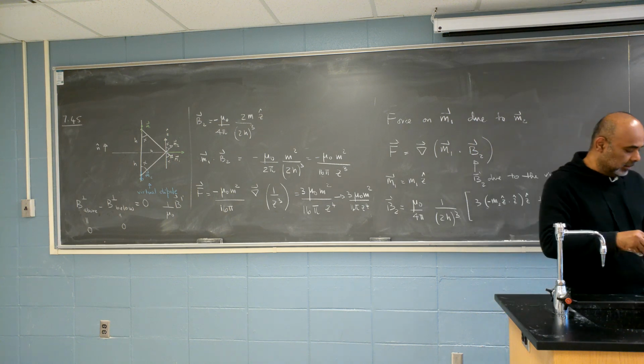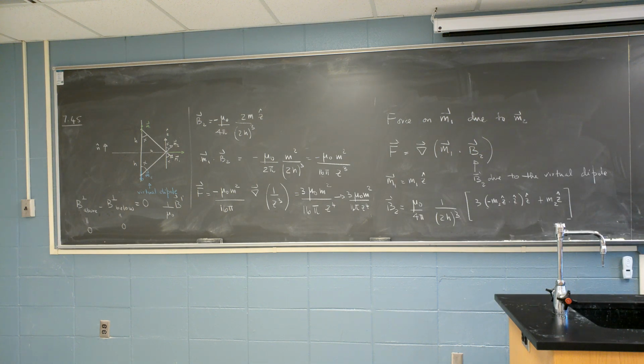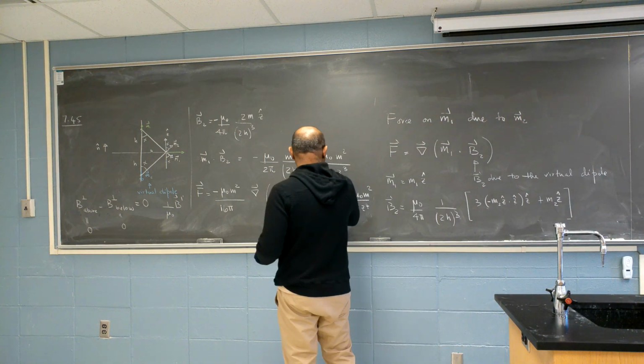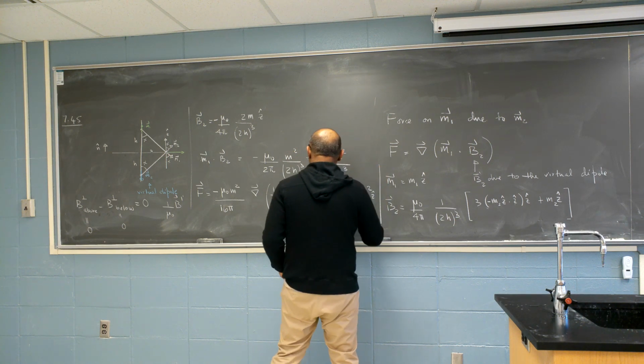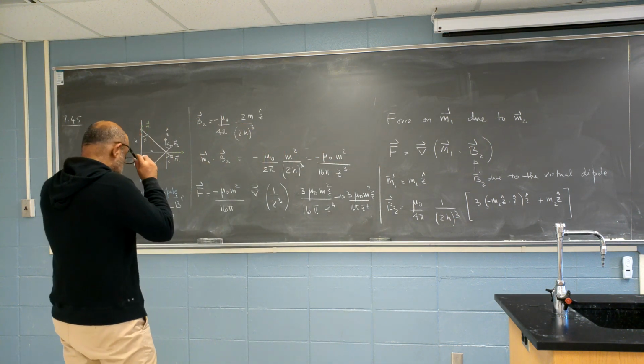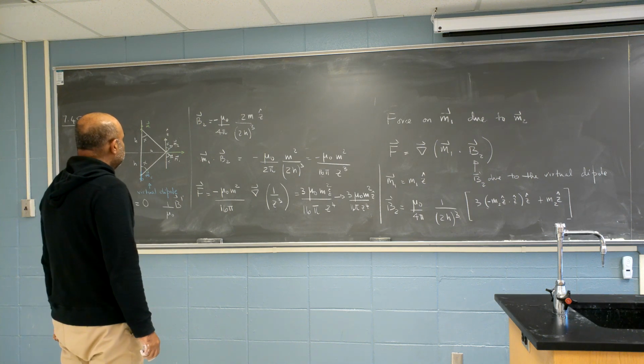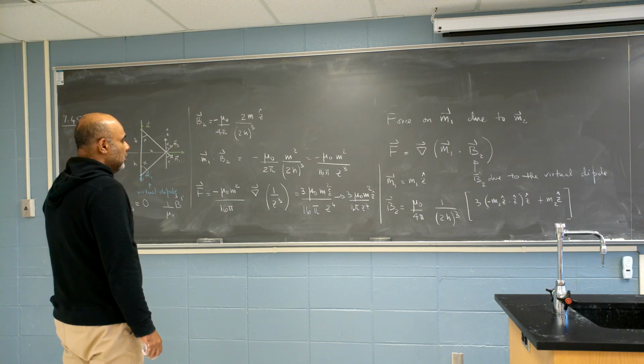If I recall, when I calculated it, it was 32 pi. Everything else is good. In the z hat direction, where could I have missed?